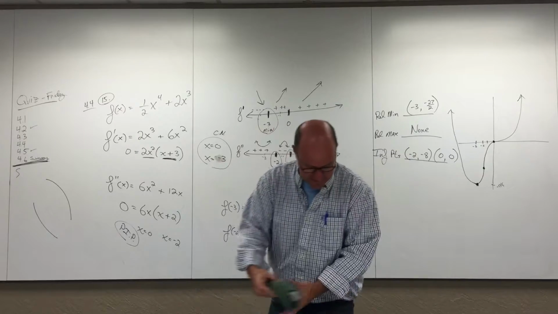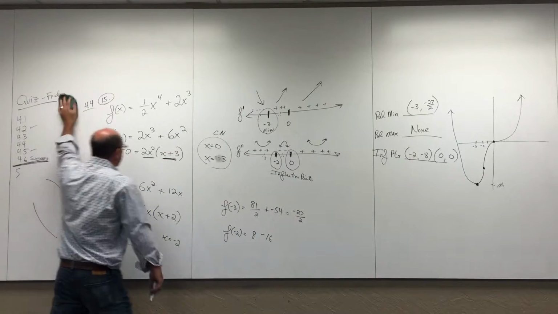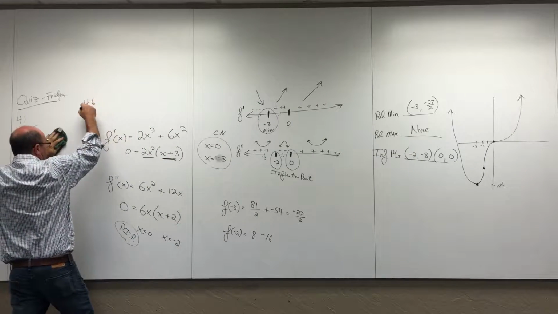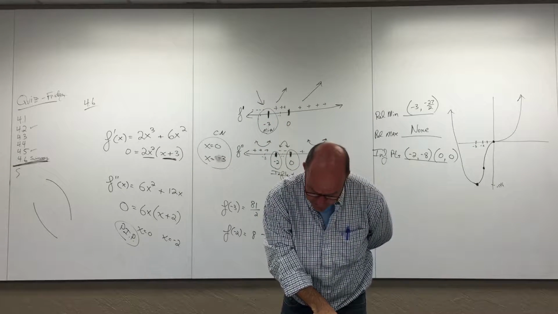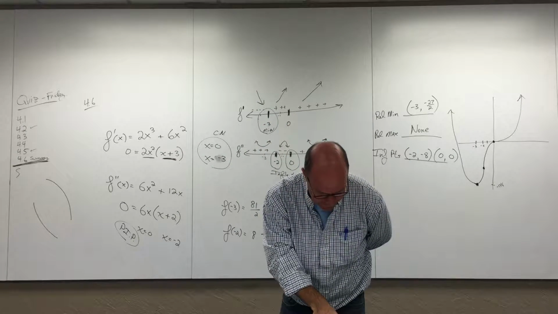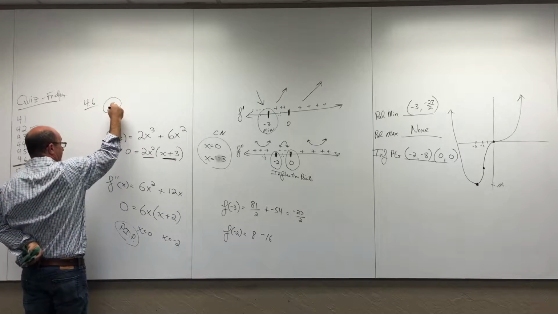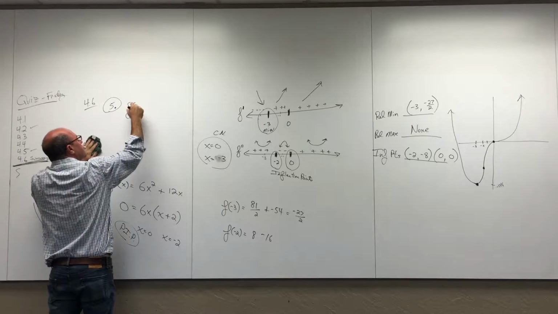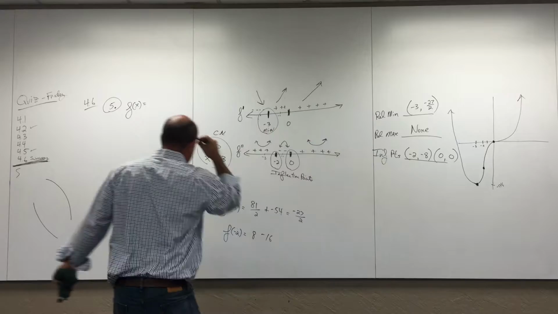All right, you ready for this? So I just went to 4.6, and I found this problem, number 5. All right, you ready? Here we go. The function is 3x over x squared minus 1.